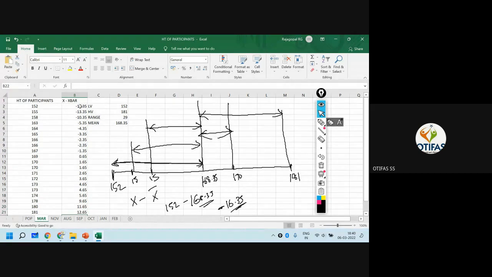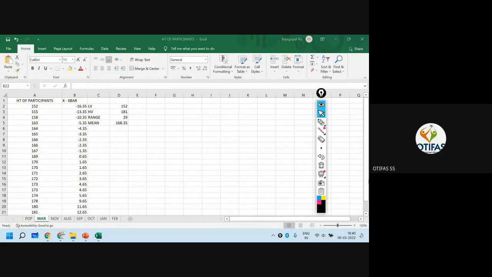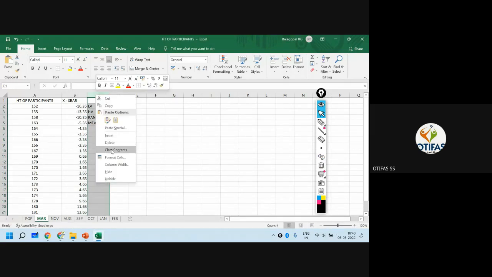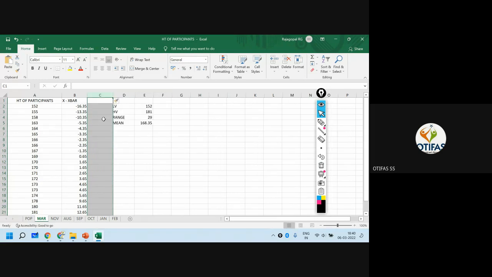But what will happen? Suppose you add all the values, some are in minus, some are in plus. So how will you find that? What is the next step then? You need to remove the minus, so to remove the minus, we square.